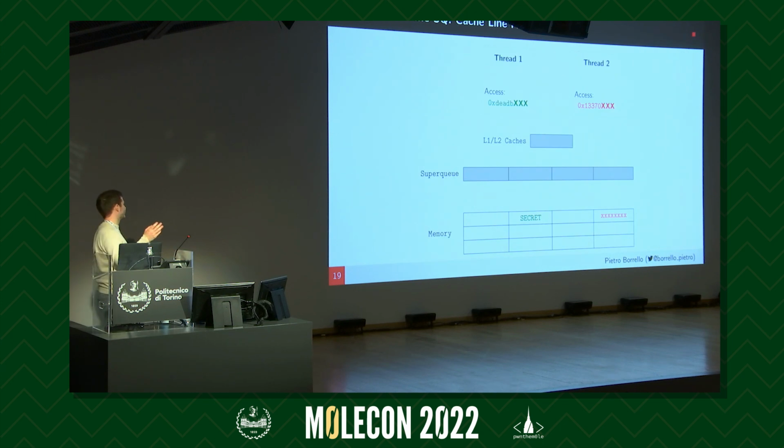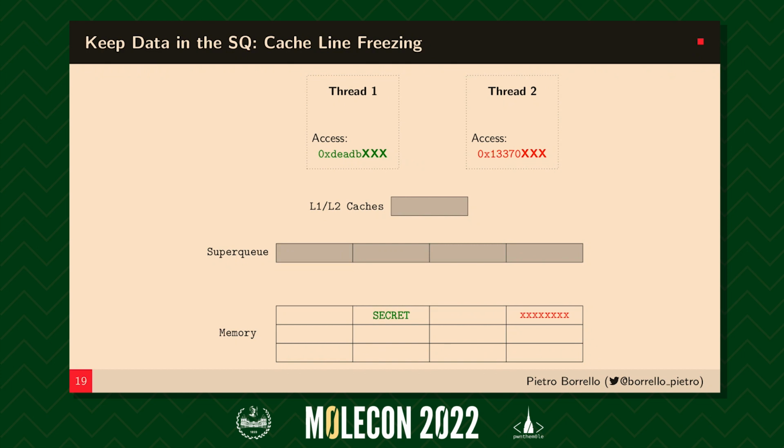In our model, we will have two threads that access two different memory areas. Let's assume that those memory areas are congruent in the cache sets that they have, so that they will share the same cache lines every time we access memory. Thread 1 wants to load a location that contains a secret, to access it for its own computations.